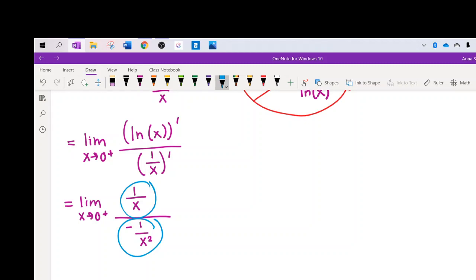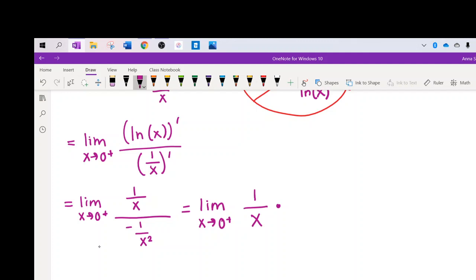You could do that, but it really doesn't help you because you're just going to make your functions more complicated. So before taking any derivative again, you should always check, is there some kind of simplification I can do? In this case, we can rewrite this as 1 over x times the reciprocal of negative 1 over x squared, which is negative x squared over 1.